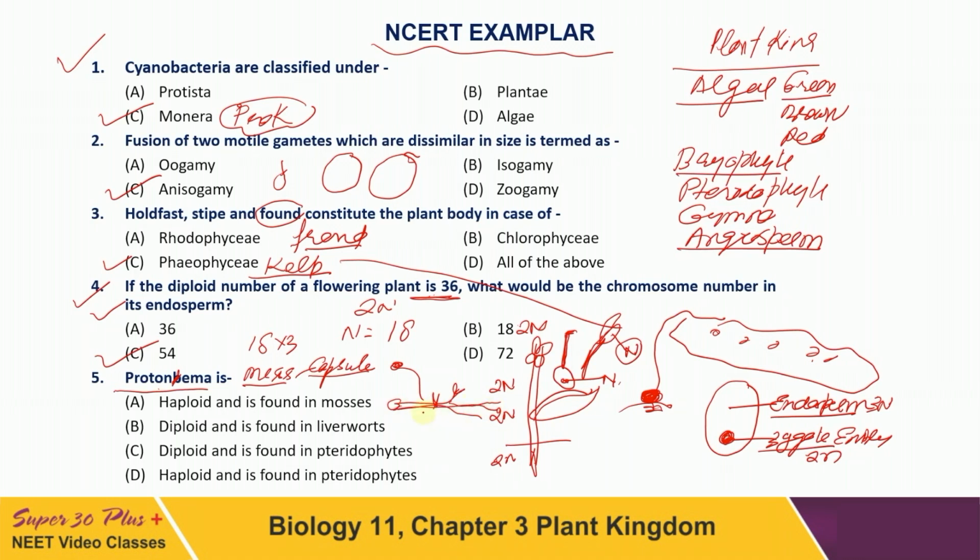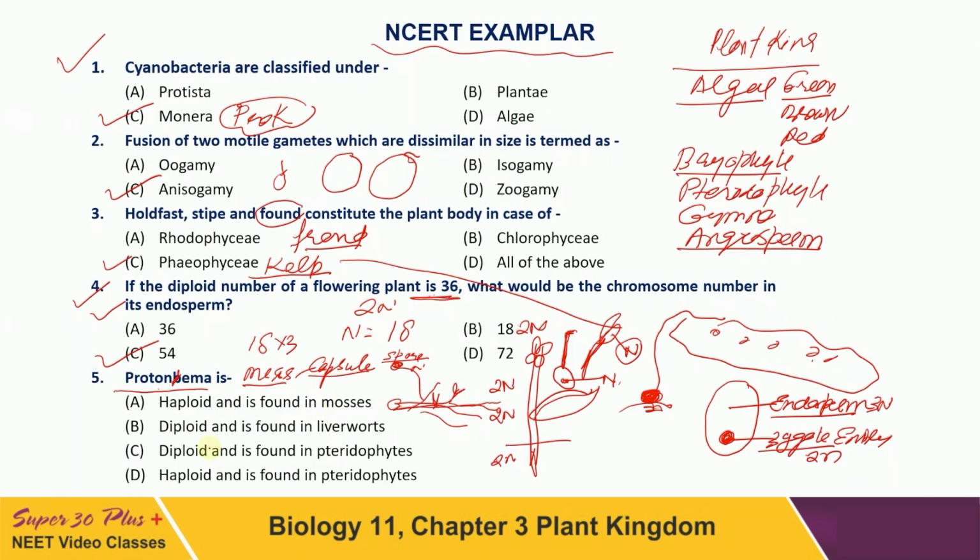This filamentous structure in moss is known as protonema. So protonema, because it is formed by germination of a spore. The spore has n number of chromosomes. It is haploid and found in mosses.